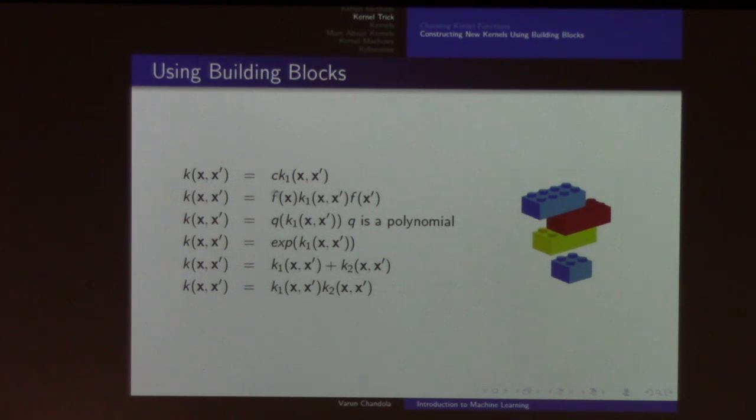You can do a polynomial expansion of some known kernel, and it will also be valid. You can combine two, you can multiply them, you can do some kind of functional conversion. These are the ways you can come up with new kernel functions by taking some old valid kernel functions and then combining them.